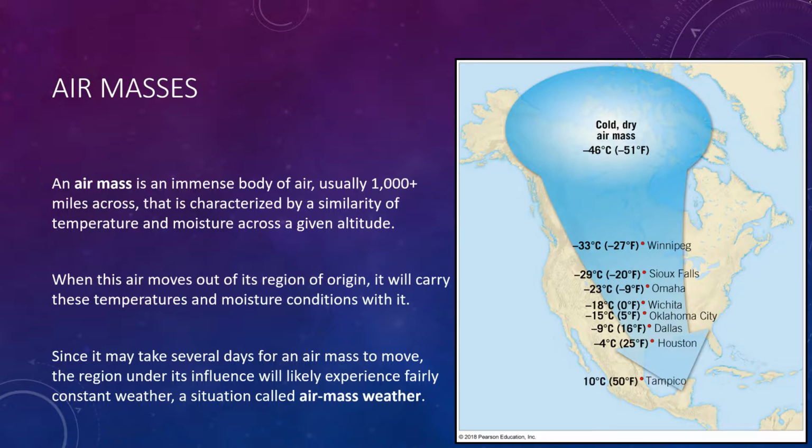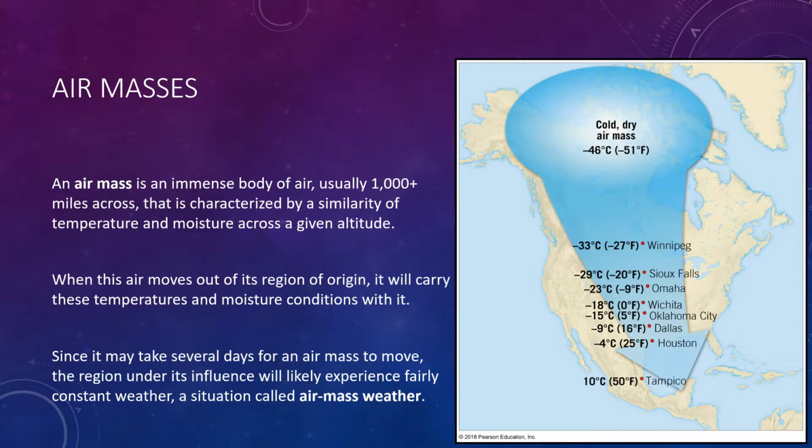The horizontal uniformity of an air mass is not perfect, of course. Because air masses extend over large areas, small differences occur in temperature and humidity from place to place. Still, the differences observed within an air mass are small compared to the rapid changes experienced across air mass boundaries.